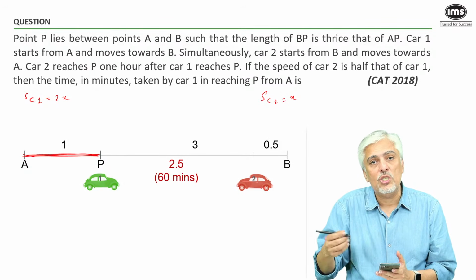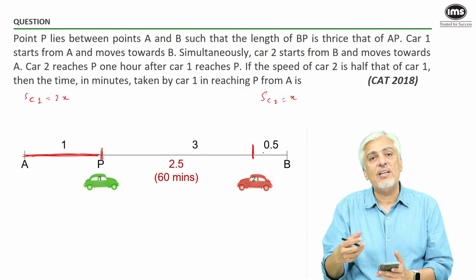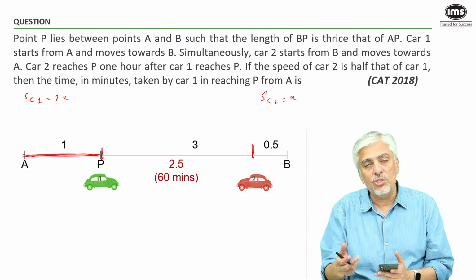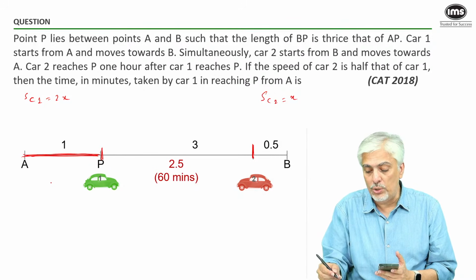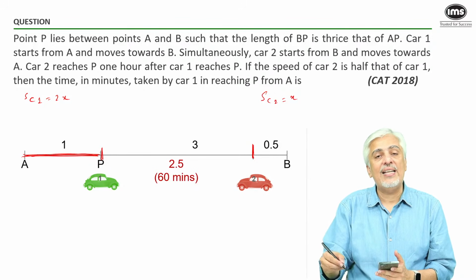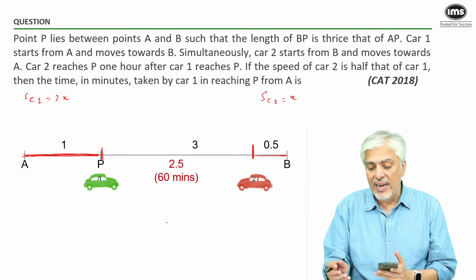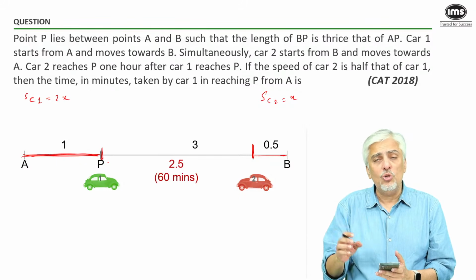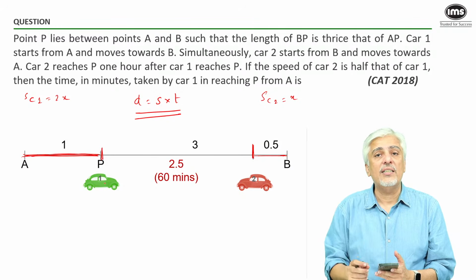Now I've done this question so many times by this method that I will be able to think of this approach only. Very rarely will I be able to think of an equation. Or I could take the time taken to reach P as t. So 2x into t is the same as x into t, which comes out to be 0.5, and hence 2.5 is left. So just write the equation in this format always. Try and avoid fractions as far as possible. You will start getting questions.